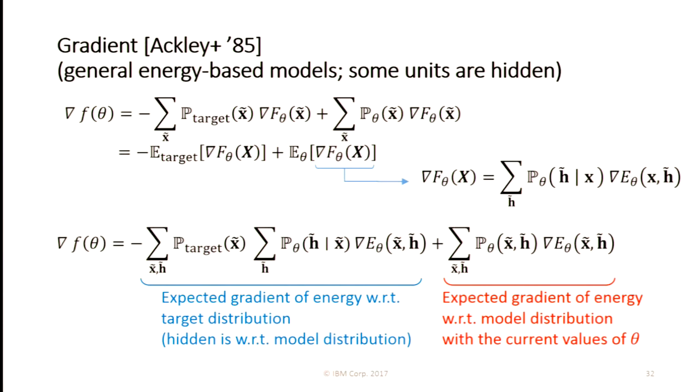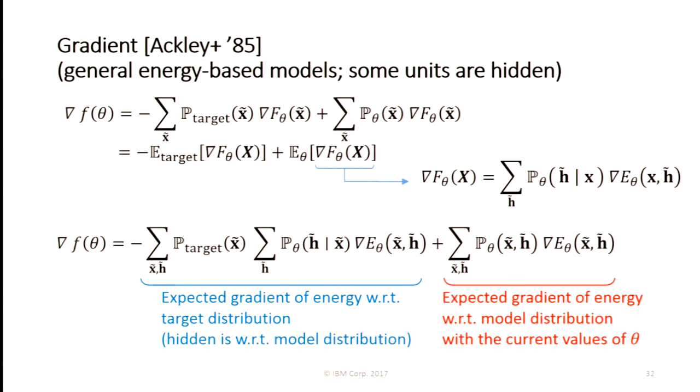We can express this using the energy, and then it looks like this. The first expression is still the expectation of the gradient of the energy, but the expectation is with respect to the target distribution of the visible values.